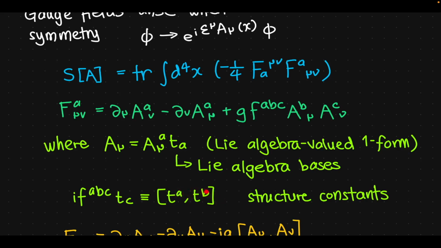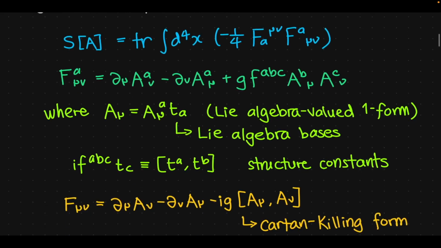So T_a, T_b were the basis elements of the Lie algebra. Their Lie bracket is defined to be i times structure constant f_abc T_c.